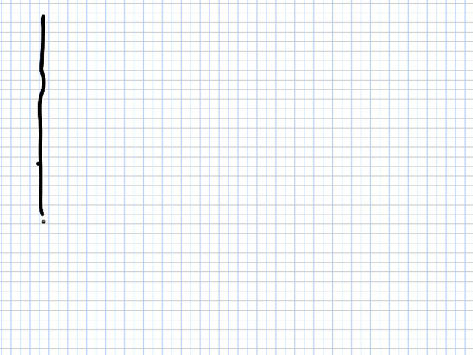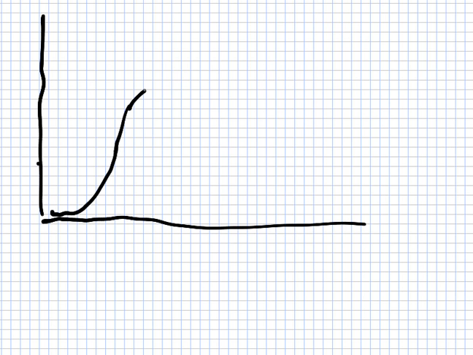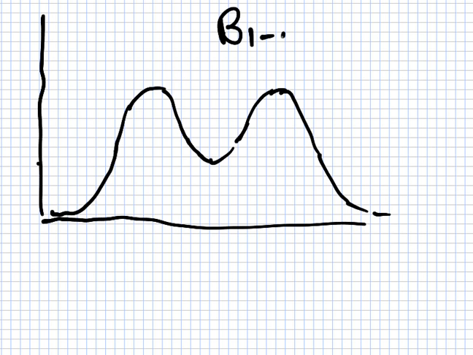Next, you could have something like this. Histogram goes up, then it goes down a little bit, but comes back up for another maximum, and then goes down. So this one is called a bimodal histogram. Bi because there's 2 modes.